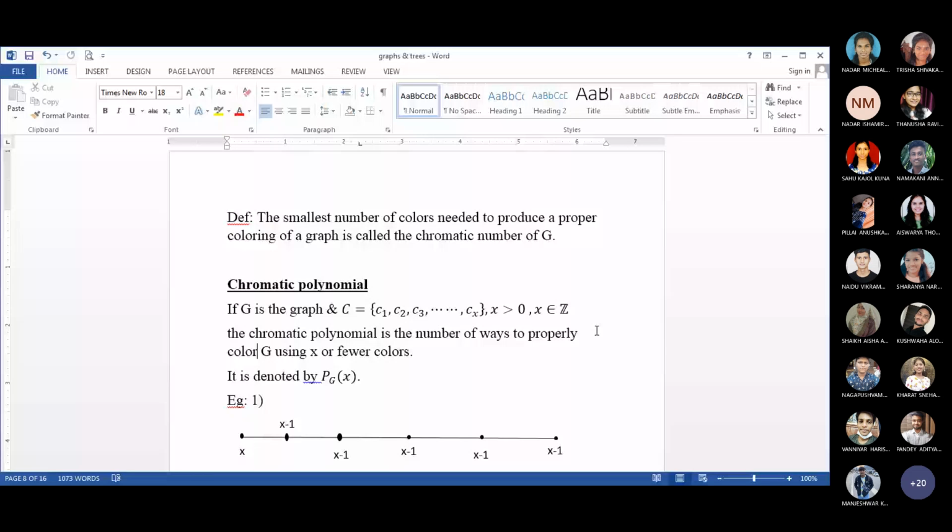Chromatic polynomial is the number of ways to properly color G using X or less than X colors. Using chromatic polynomial, we can find the chromatic number. How we can do it, I will tell once we discuss an example.